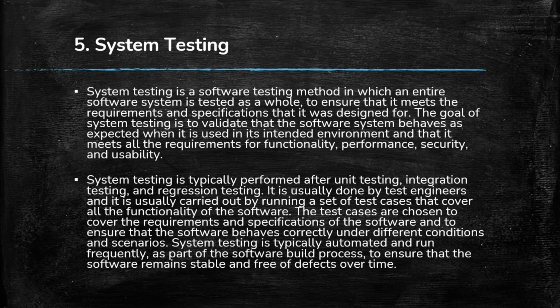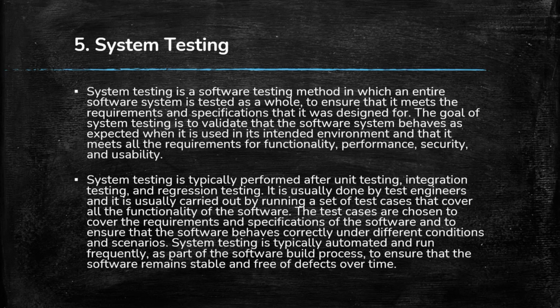Early detection and isolation of defects, which can save time and money by allowing developers to fix errors before they become more costly to fix. Improved software quality and reliability. Increased user confidence.